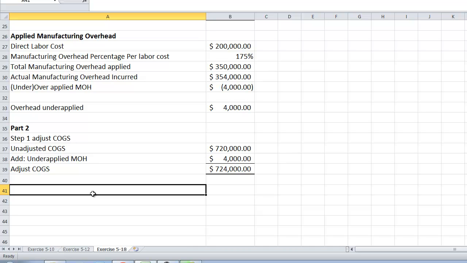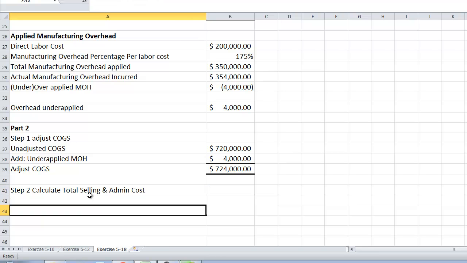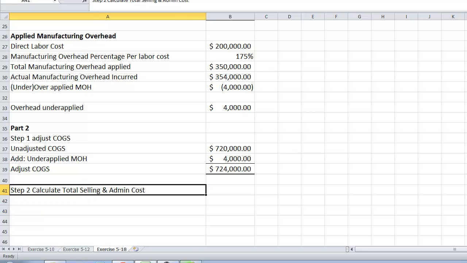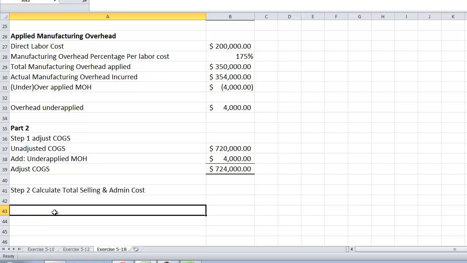We also must calculate total selling and admin costs. Step 2. Calculate total selling and admin costs. All right. So let's go ahead.